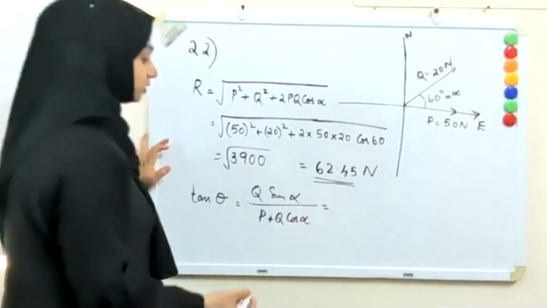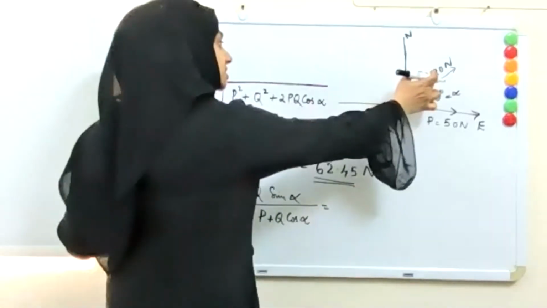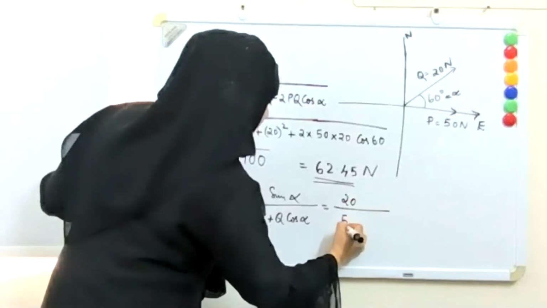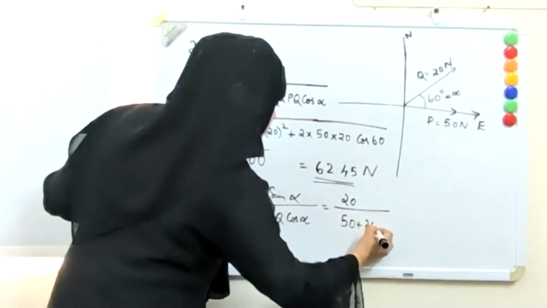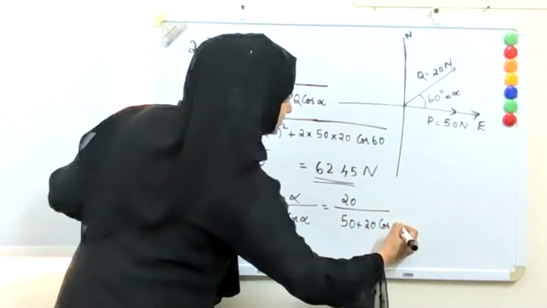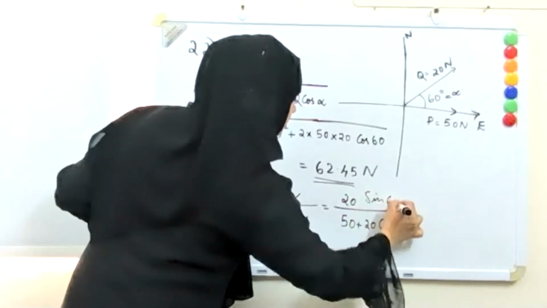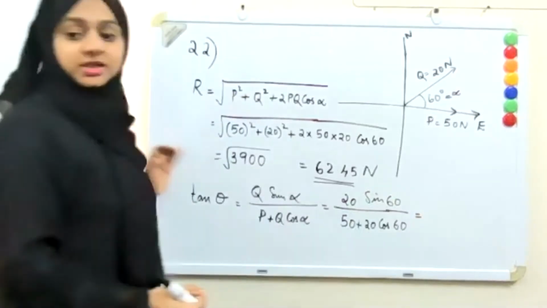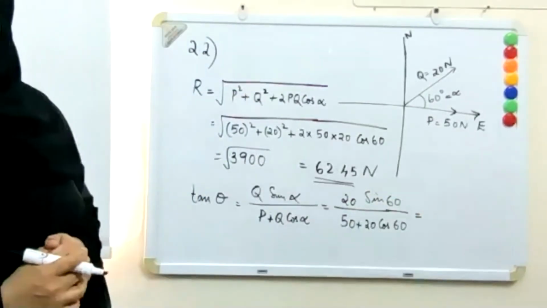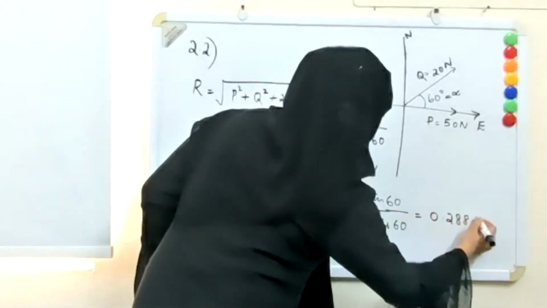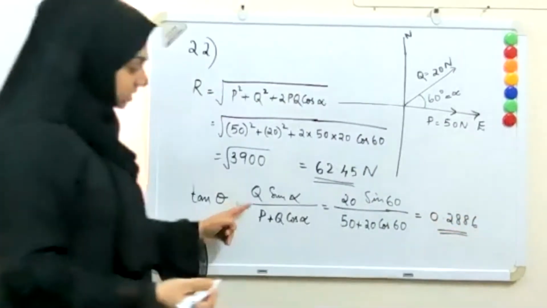So this is equal to, what is Q? Q is the second one. So 20 sine 60 divided by 50 plus 20 cos 60. So you will get the answer for tan theta is equal to 0.2886 if you use the calculator.